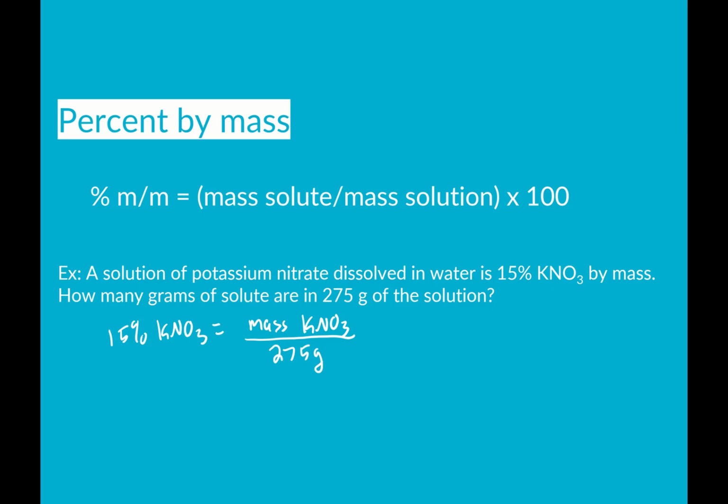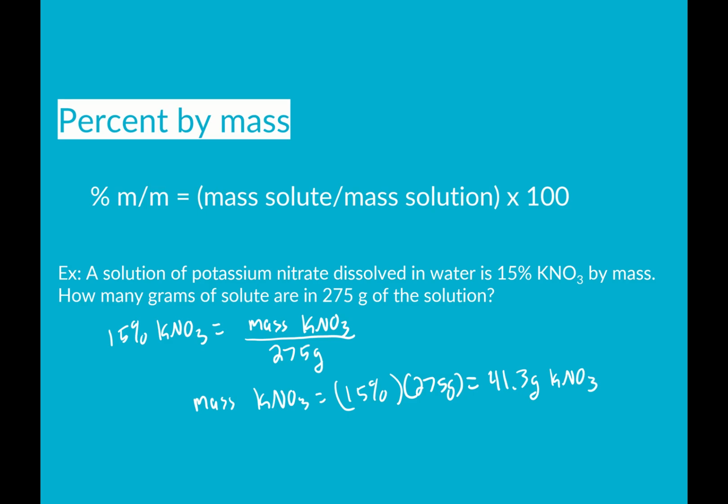So, pretty straightforward question here. All we're doing is looking for the mass of the solute, aka the mass of potassium nitrate. So then the mass of potassium nitrate would just be the product of 15% of 275. So our solution would contain 41.3 grams of potassium nitrate.